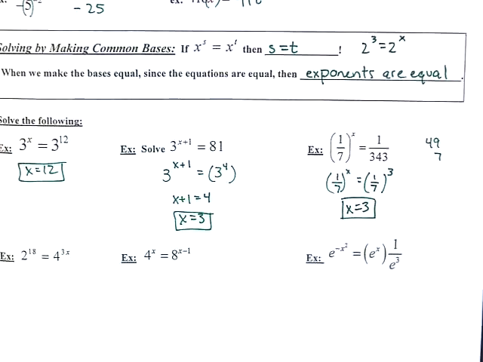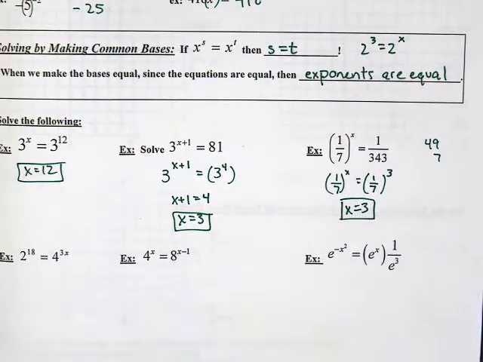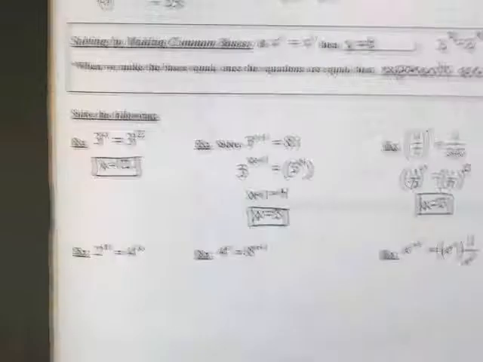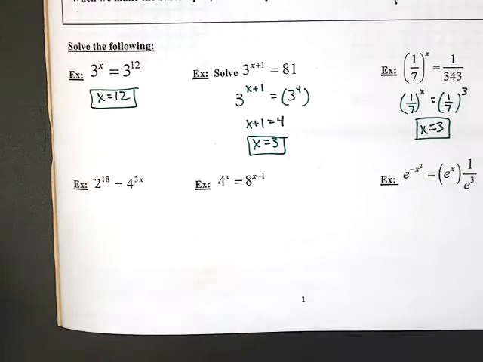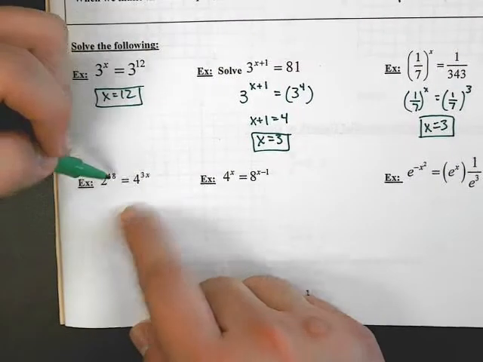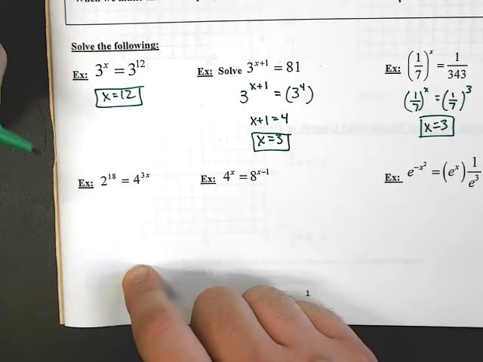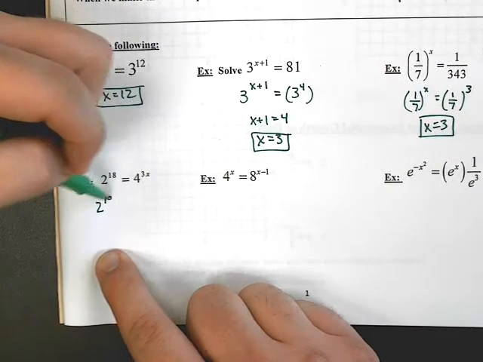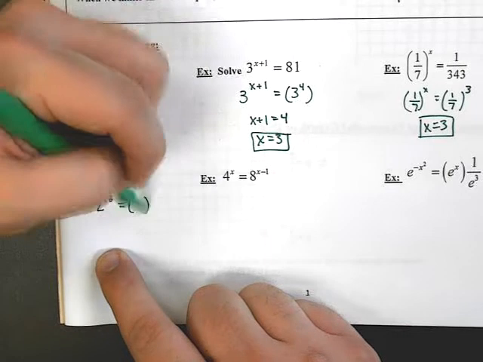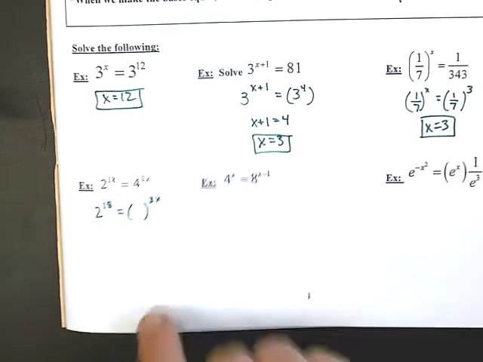Nice and easy. All right, moving right along. Next one's a good example here. All right, I have a 2 to the 18th. I have a 4 to the 3x. I can definitely make a common base of 2, which means I don't need to do anything to the left side. However, I need to change that 4.